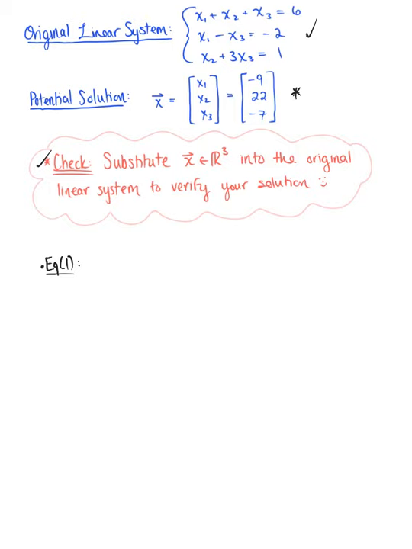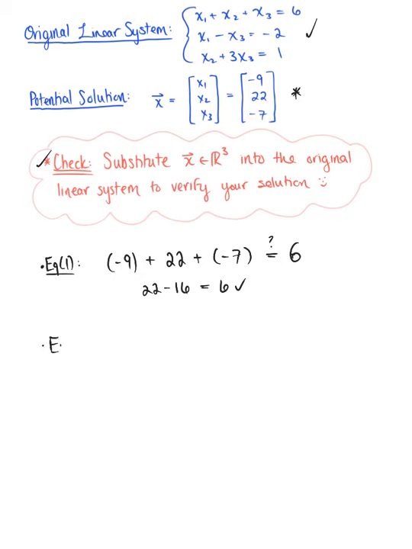I don't know, let's find out. So we have negative 9 plus a positive 22 plus negative 7. And we want to know, does this equal 6? So we have, let's see, 22 minus 16, which equals 6. Woohoo! So far, so good.